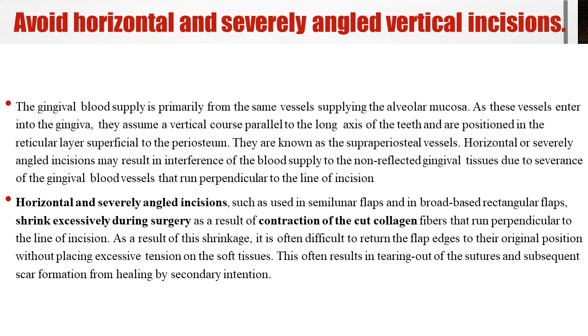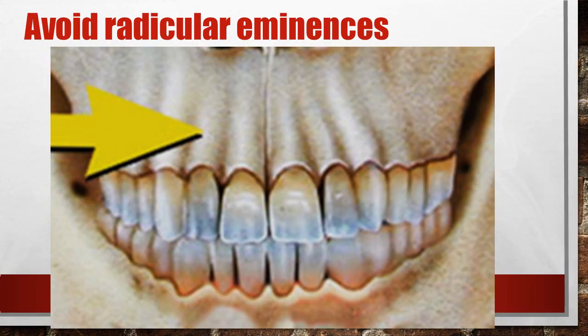They are aligned parallel to the long axis of the teeth, because of which they are going to shrink excessively, and it's going to become difficult to reapproximate the flap to the original position without causing any tear or excessive tension to the soft tissue, because of which you are going to have scar formation. So these are the two reasons because of which you are supposed to avoid your horizontal and severely angled incisions.